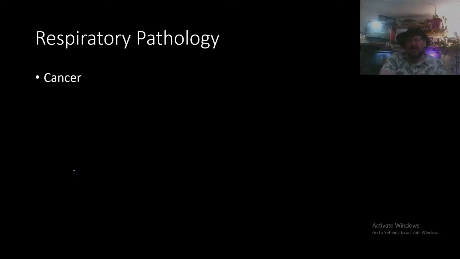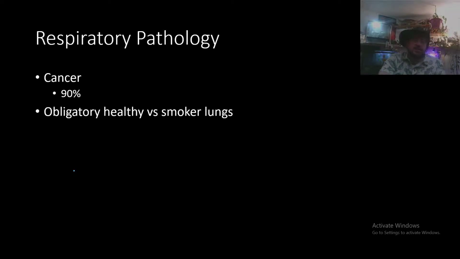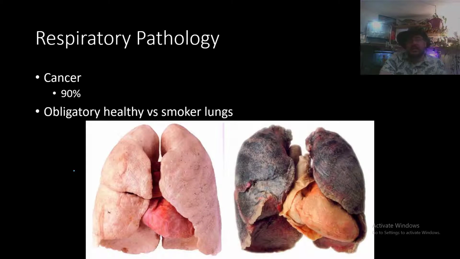Cancer! Did someone say smoking? 90% of lung cancer cases are due to smoking. So, let's take a look at why. Because you irritate the crap out of the cells in your lungs. And a carcinogen damages cells.